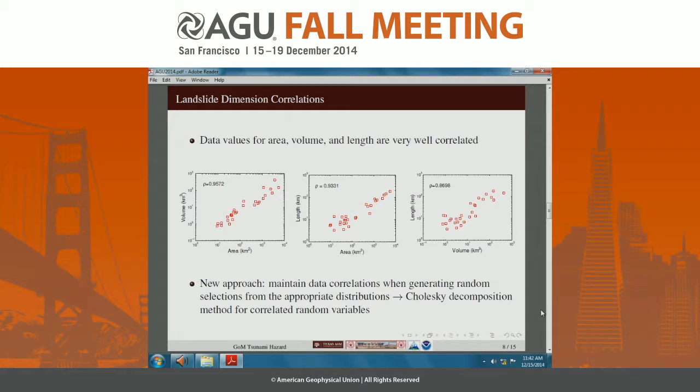And so the new approach that we want to implement is to include these strong data correlations when generating random selections from the appropriate distributions, as opposed to just taking from each distribution a random value for each parameter. We want to maintain these trends in the data. And to do that, we implement a Cholesky decomposition method for correlated random variables.